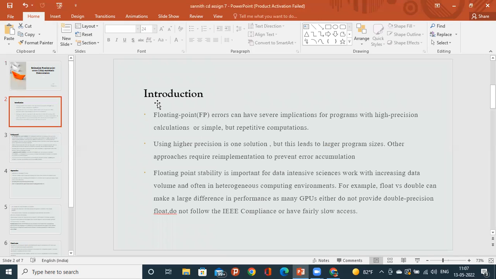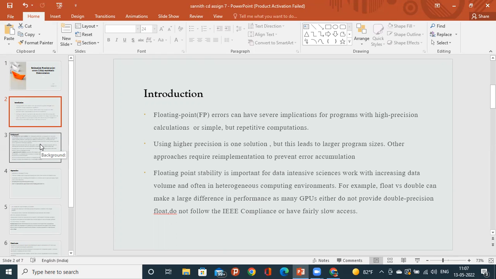For example, float versus double can make a large difference in performance, as many GPUs either do not provide double precision float, do not follow the IEEE compliance, or have fairly low access. So the elimination of FP errors is very much required. Robust and automated detection of FP errors can help reduce the data reprocessing costs and foster development of new lossy compression algorithms.